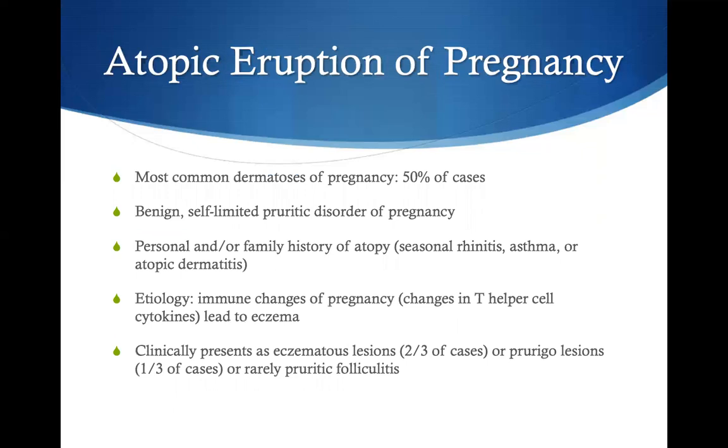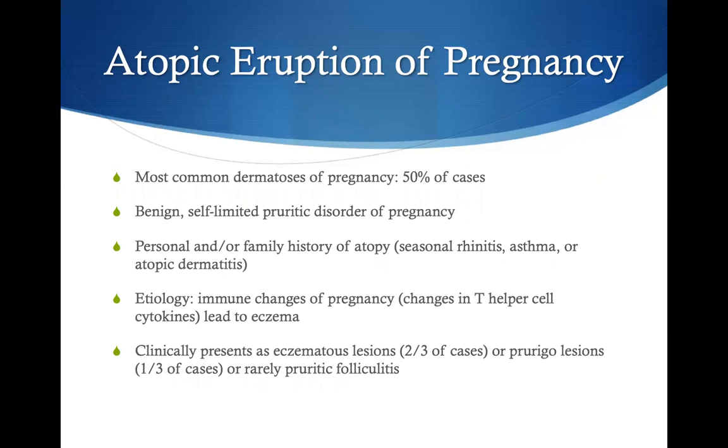This is actually the most common of the three and comprises about 50% of cases. It's a benign, self-limited, itchy disorder of pregnancy, usually associated with a personal and or a family history of atopy, so seasonal rhinitis, asthma, or atopic dermatitis.